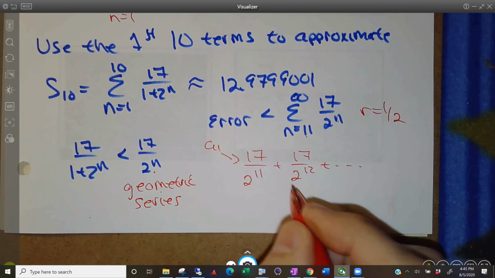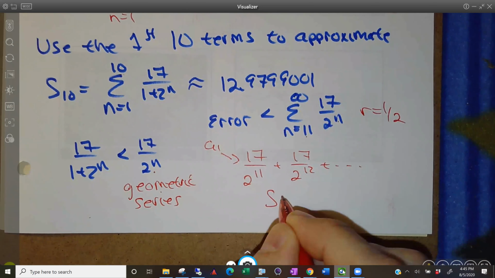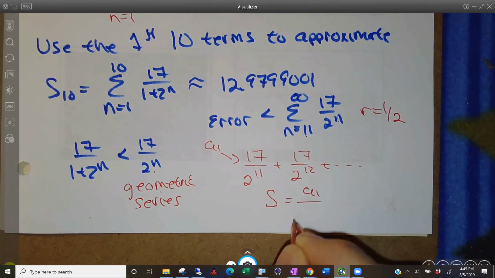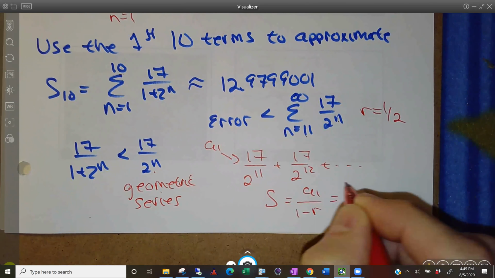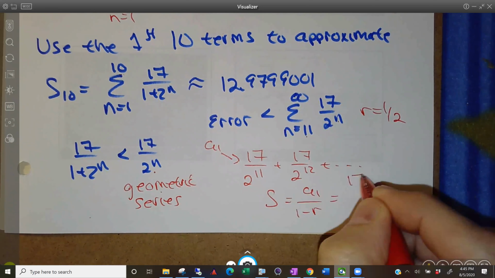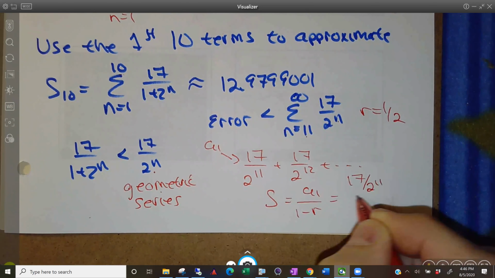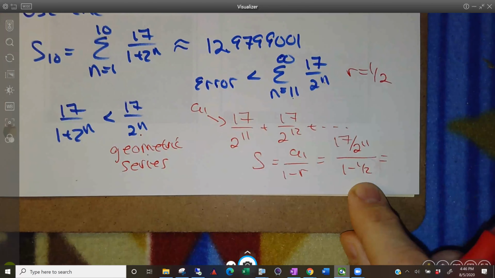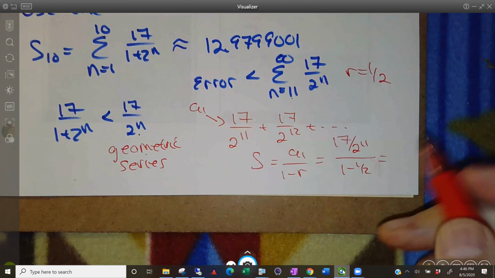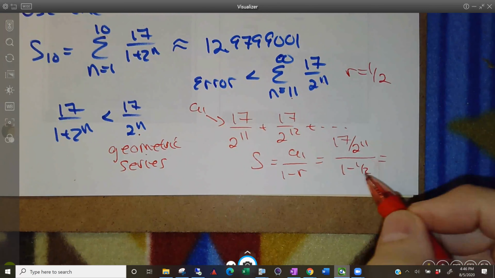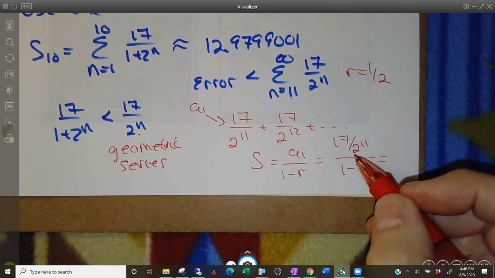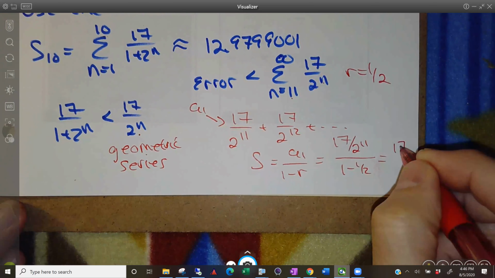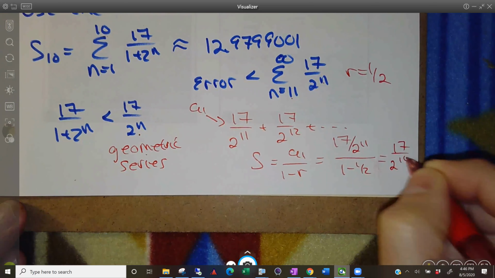So the sum of this is going to be a sub 1 over 1 minus r, which is going to be 17 over 2 to the 11th divided by 1 minus 1/2. And basically, this is going to be dividing by 1/2 or multiplying by 2. Multiplying by 2 is going to cancel one of the 2's there. 17 over 2 to the 10th.